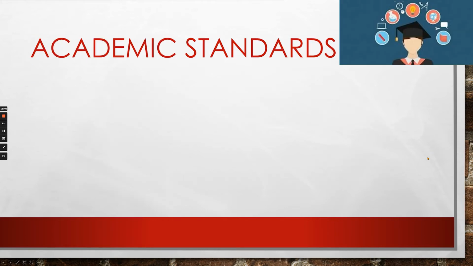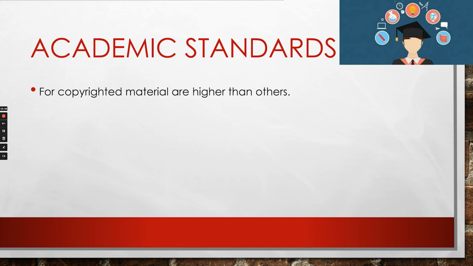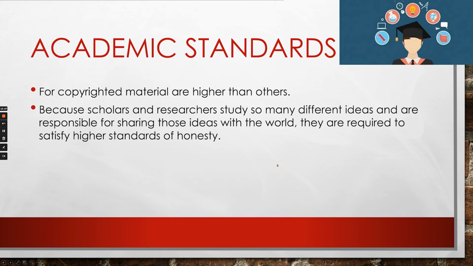Okay, so for academic standards, we are allowed to use copyrighted work. But we have to say where it came from, which is why when you are writing an English paper, you have to cite where it came from. There's a higher standard for academics because scholars and researchers have a responsibility to share those ideas.